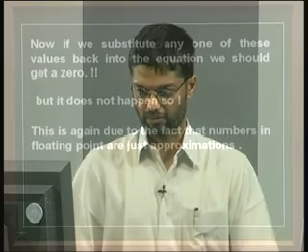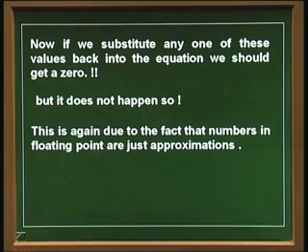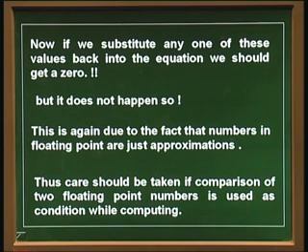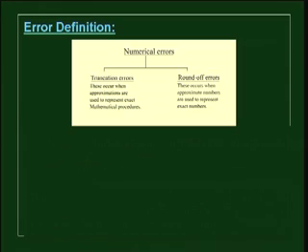That epsilon is the smallest number which the machine can represent. So that's what you have to be careful about. Otherwise, you will never get the condition correct. Okay, so care should be taken when you compare two floating point numbers in the condition for computing.